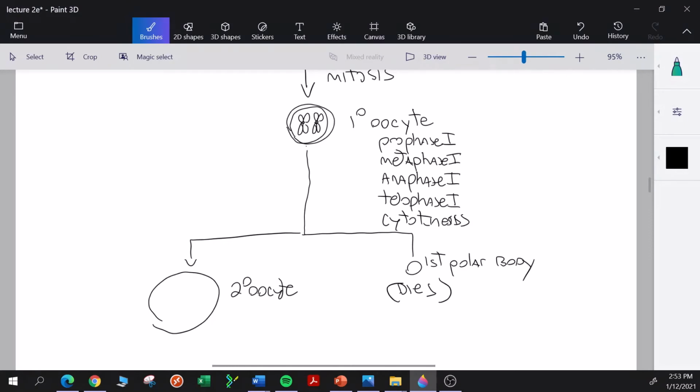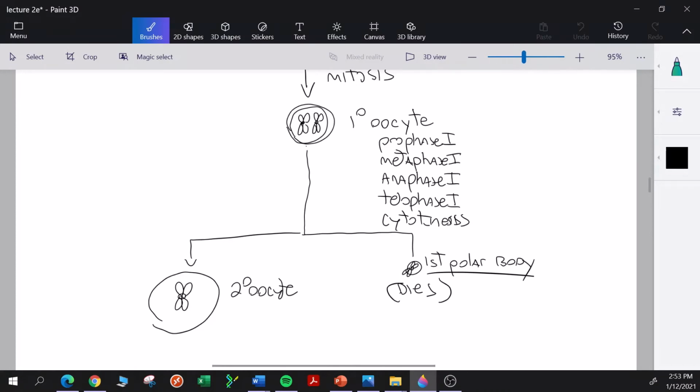We think the first polar body is lost. So the set of chromosomes that goes to the first polar body, those are lost. The lucky set of chromosomes goes this way.